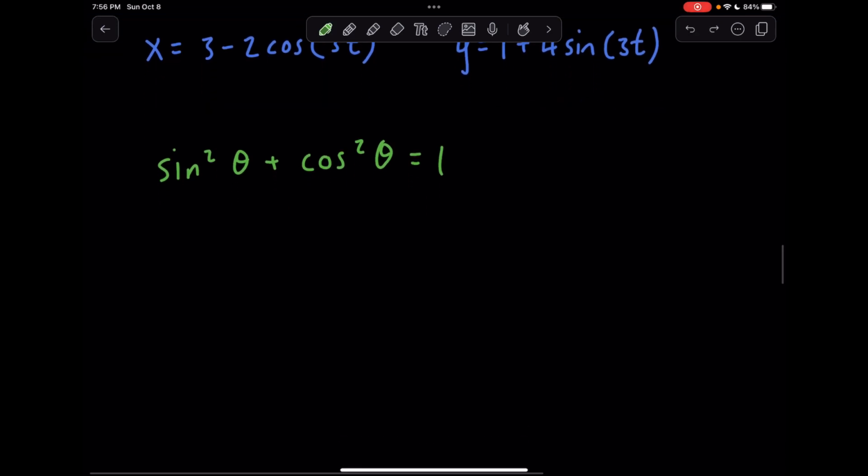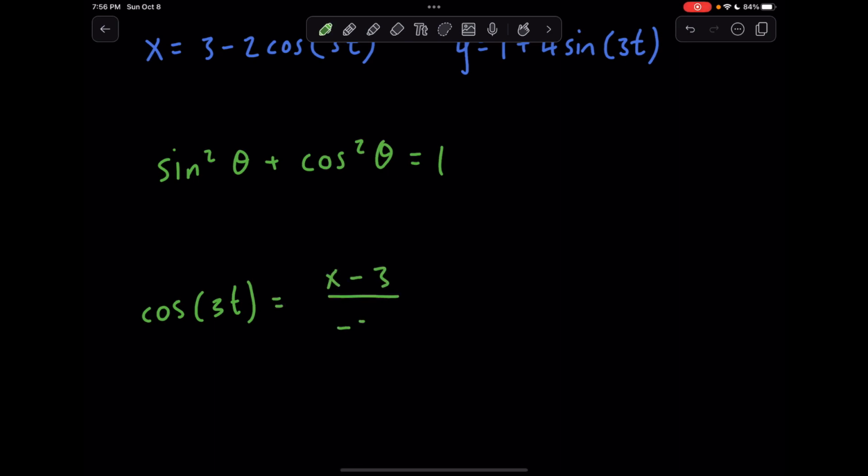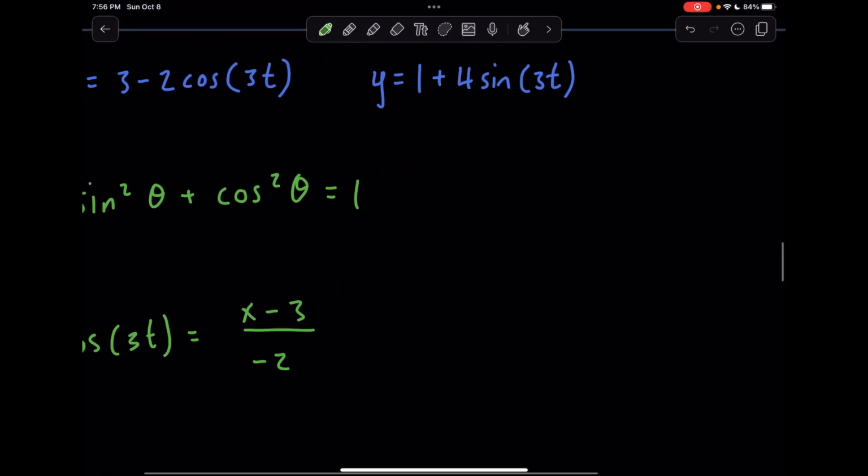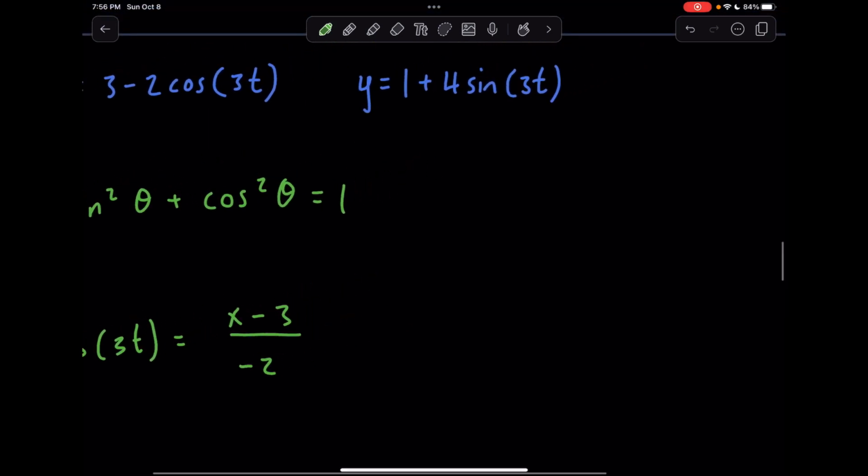We can say, using the x equation, the cosine of 3t is equal to (x minus 3) over negative 2. And from our y equation, we can say that sine of 3t is equal to (y minus 1) over 4.